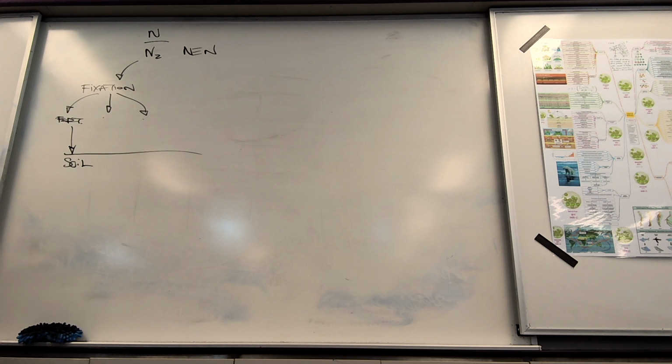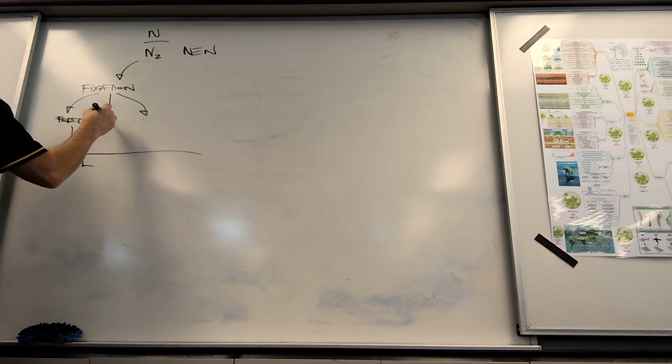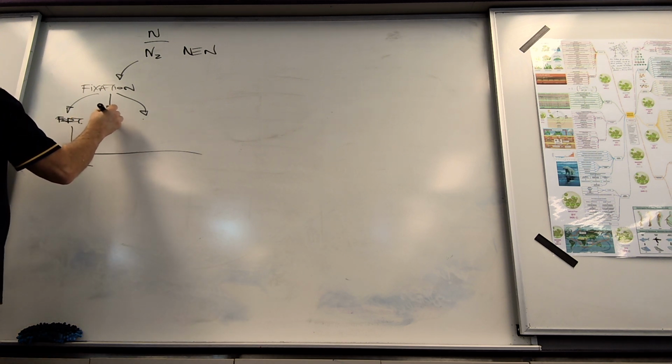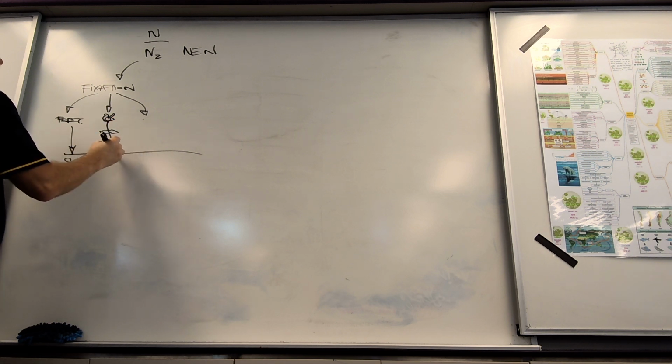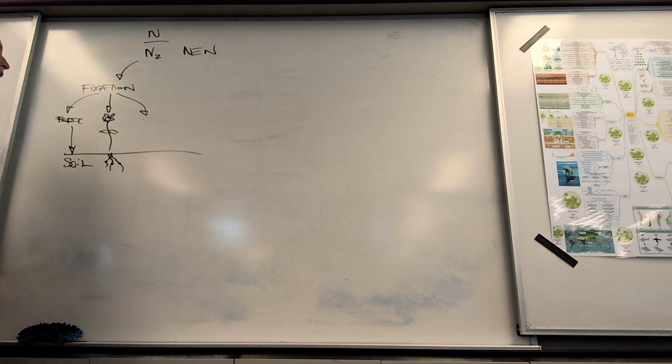The next one is biological fixation, where we've got a plant. What sort of plant? A legume, which is a bean. Peas and beans are legumes.